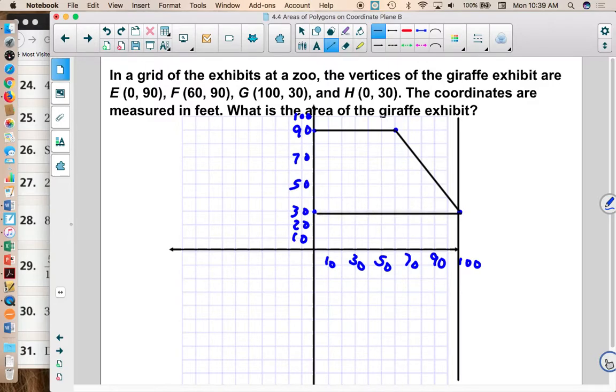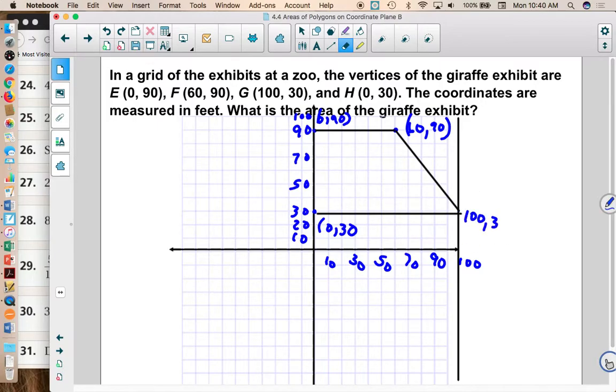Got it. And I need to mark them. Okay, got that part done. Okay, I got it drawn.